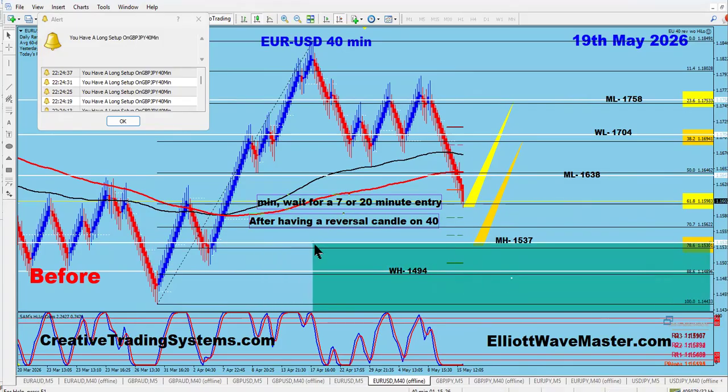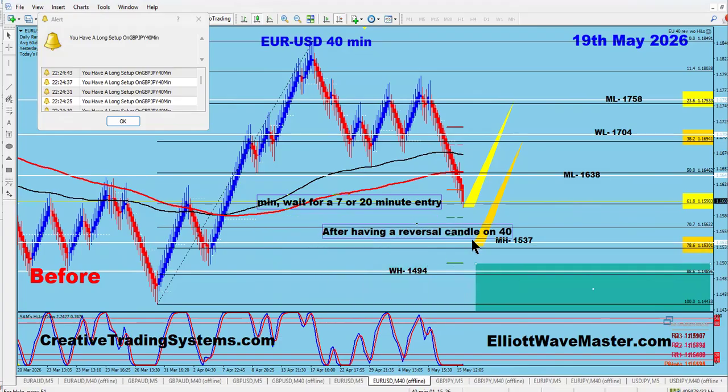Okay, let me see if I can drag it and make it small so that this thing will fit in here. Now, this is what we're supposed to do after, using this chart.